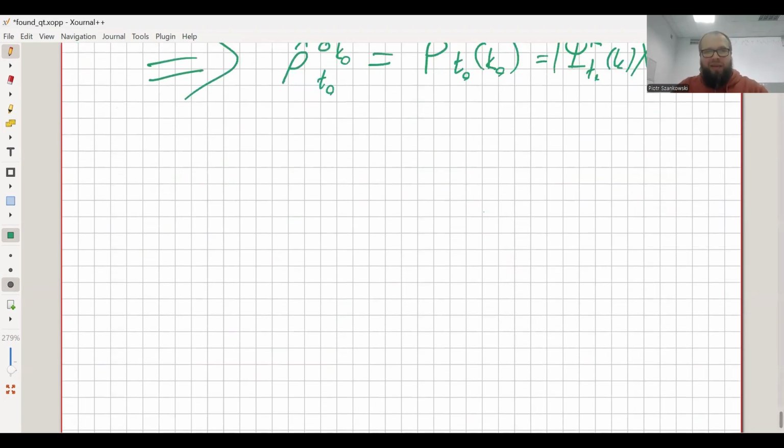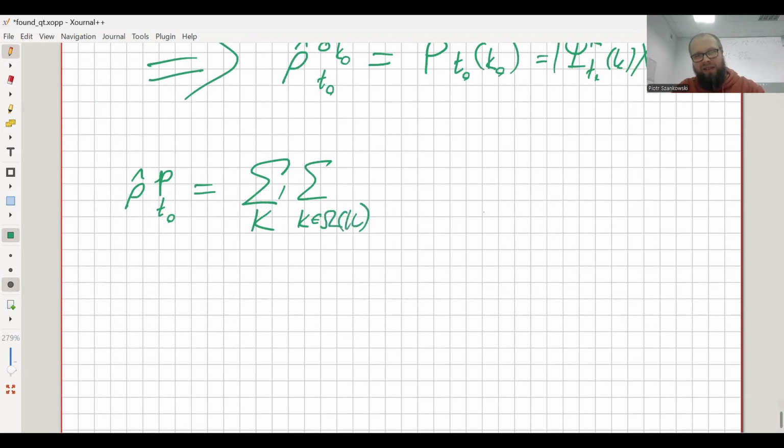And immediately you get that rho associated with distribution P, okay, it's just a convex combination of projectors.